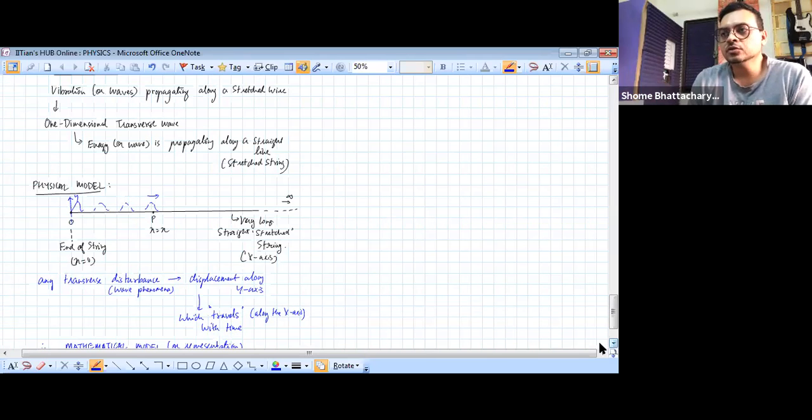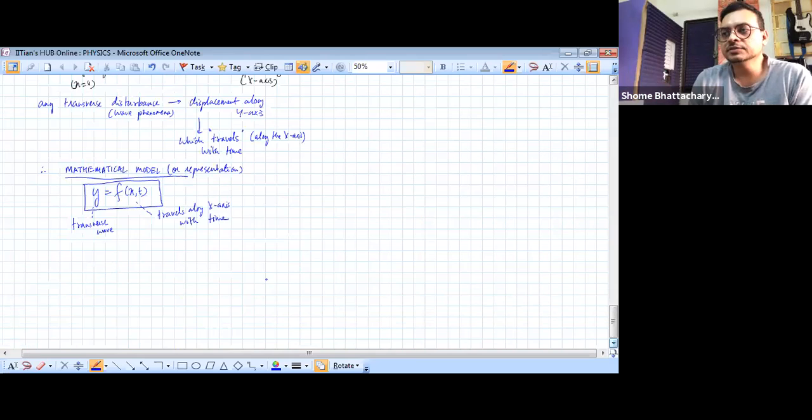Okay, so next we will look more closely at what kind of mathematical functions can be used to represent this kind of traveling wave phenomena.